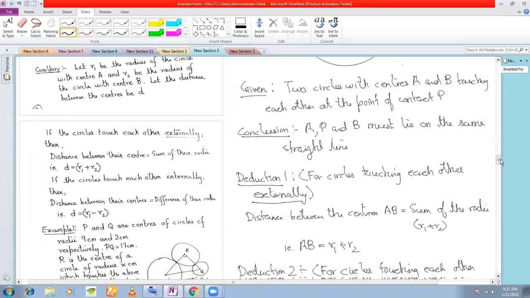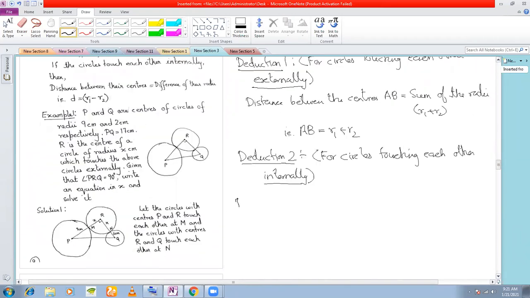So that is why we say that the distance between the centers AB is equal to the difference of the radii, which in this case is R1 minus R2.